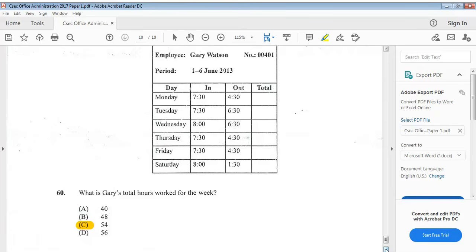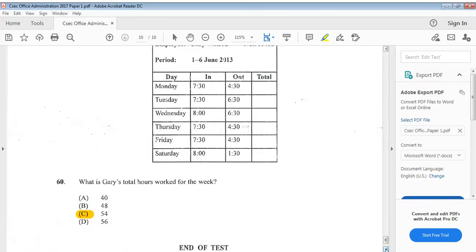Wednesday, 8 to 6:30, Thursday, 7:30 to 4:30, Friday, 7:30 to 4:30, and Saturday, 8 to 1:30. When you calculate and add all those hours, you get 54 hours in total. So that's what you would do, right?